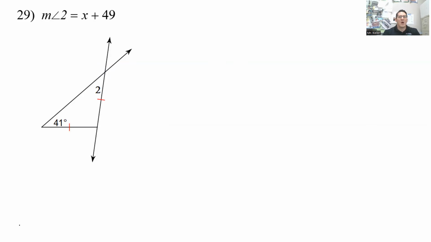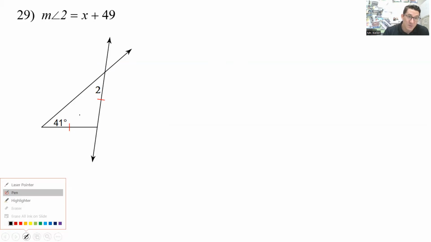Okay, why don't we do one more? Angle 2. This 2 is not the angle measure, it doesn't have the degree symbol. So angle 2 is x plus 49. This angle is 41. We have the congruent sides here, which means this is the base over here. These angles are congruent.